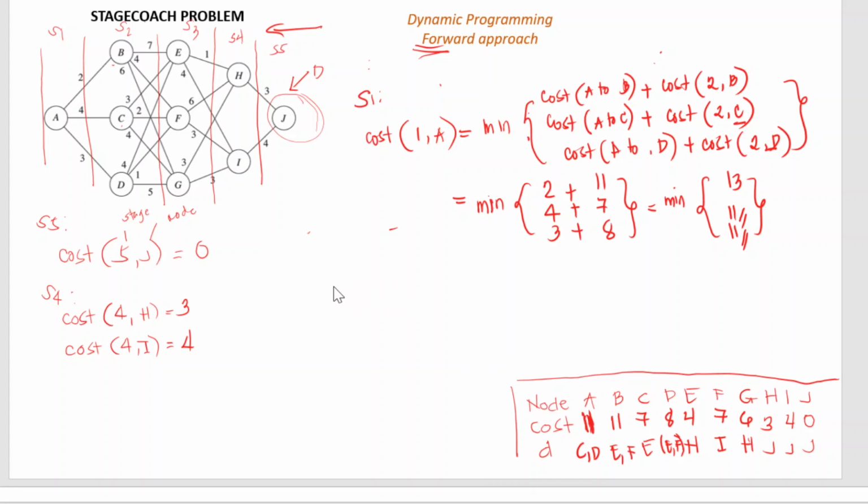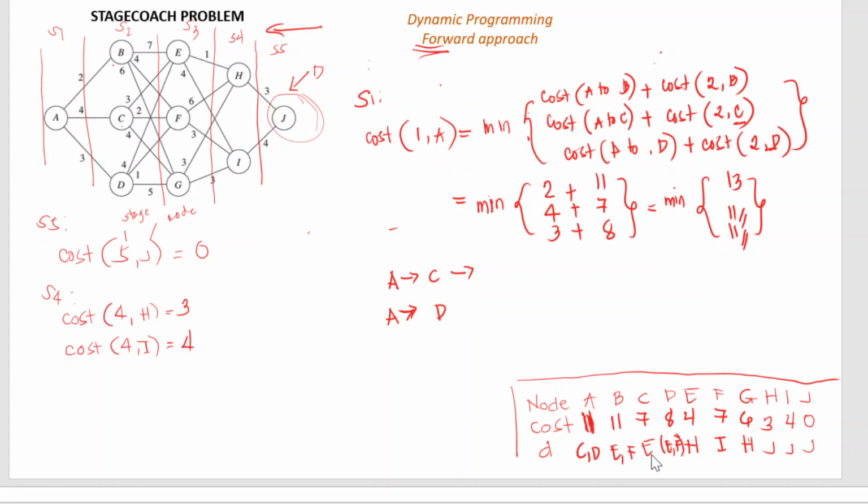So my path would be 11A. I can either go to C or D. So therefore, I can have two paths. I can do it with C or with D, because they have the same value.